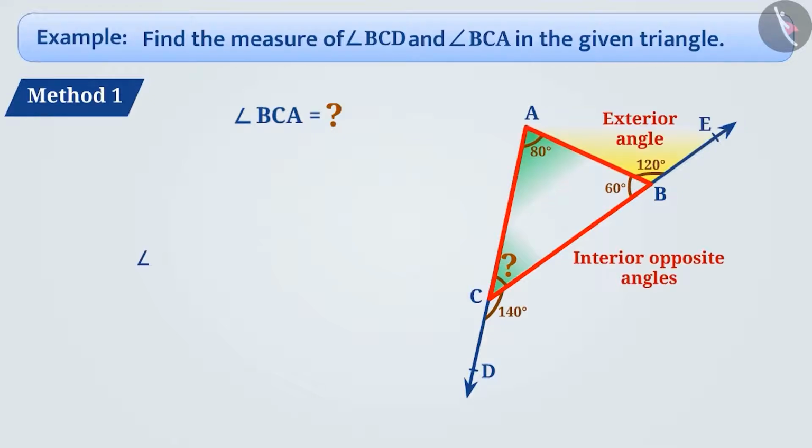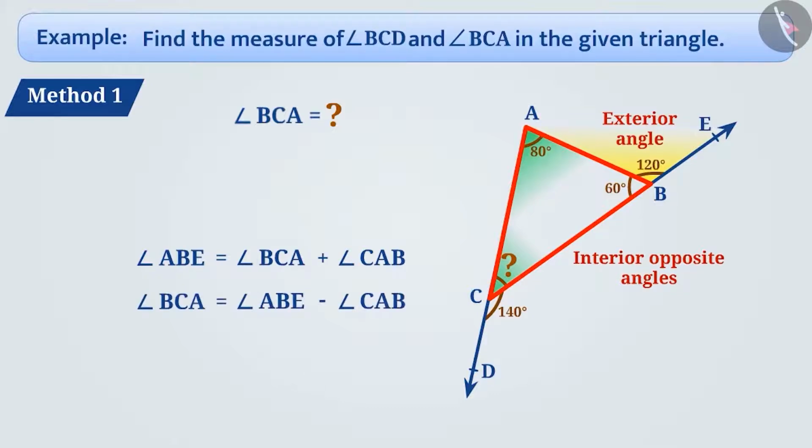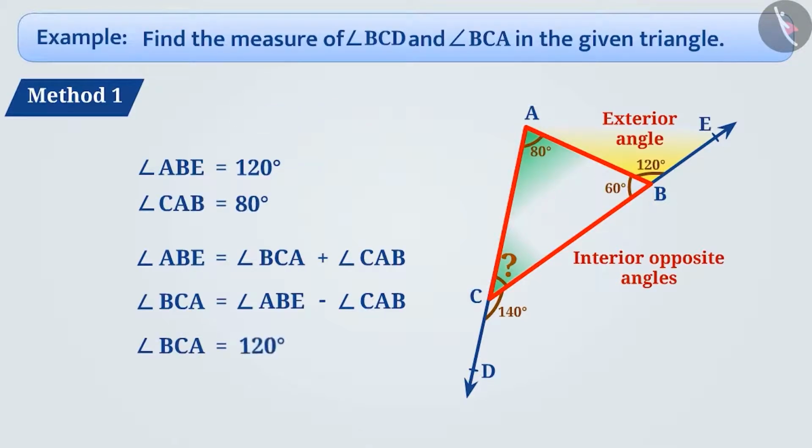So, we can say that angle ABE is equal to angle BCA plus angle CAB. Or we can write it as angle BCA is equal to angle ABE minus angle CAB. Since angle ABE is equal to 120 degrees and angle CAB is equal to 80 degrees, therefore, angle BCA is equal to 120 degrees minus 80 degrees is equal to 40 degrees.